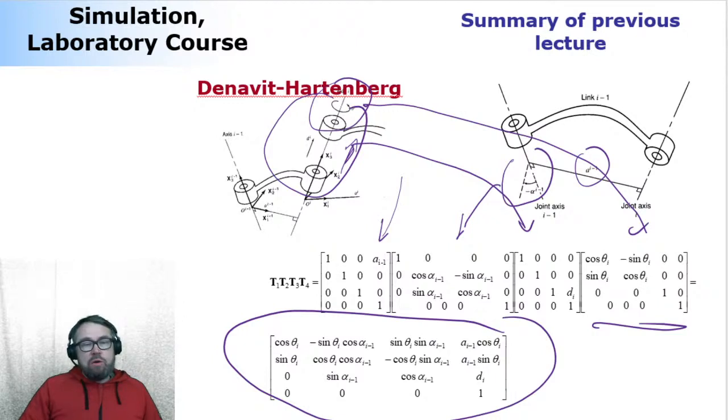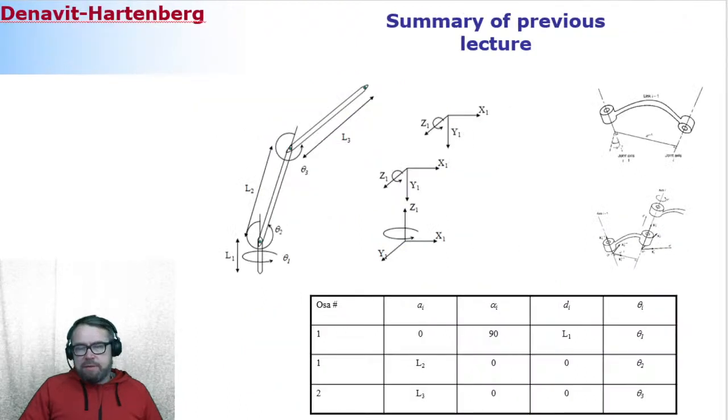Okay, so why do it? Well, you can do it because once you have a robotic structure, you can set these coordinates as shown here, and then you can build the representation corresponding to each of the bodies of the system. And here's an example of that. So body number 1 is this one here.